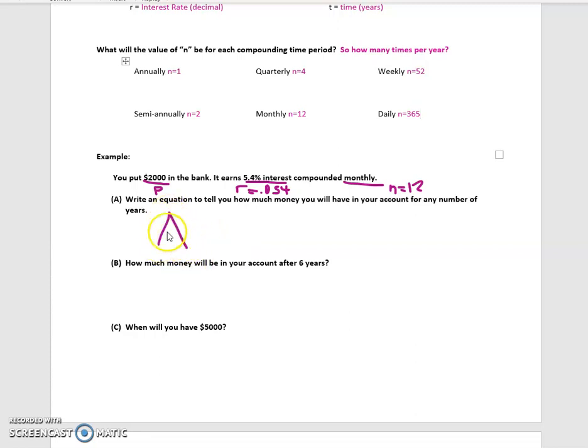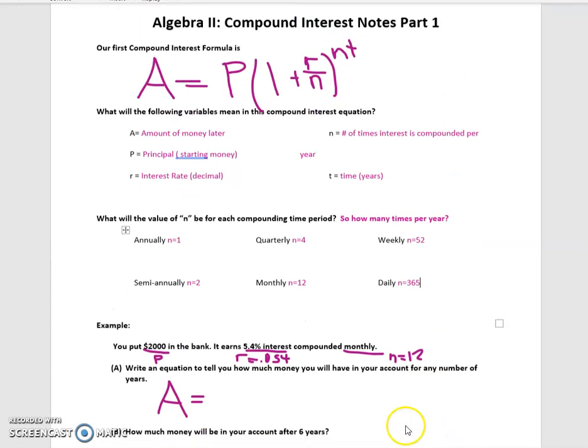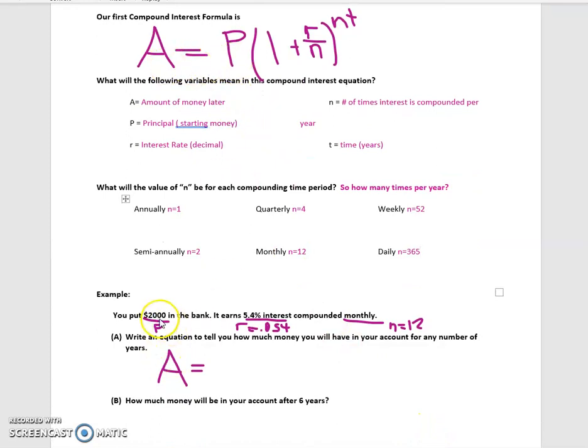So A, the amount of money we want later, equals P, so we're using this formula, A equals P, so 2,000 times (1 plus R, our interest rate is 0.054, over N, which is our number of times a year, so 12) to the power of N, which is 12, times T, because it wants to know for any number of years.